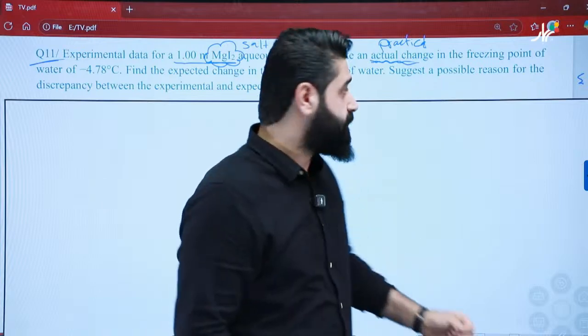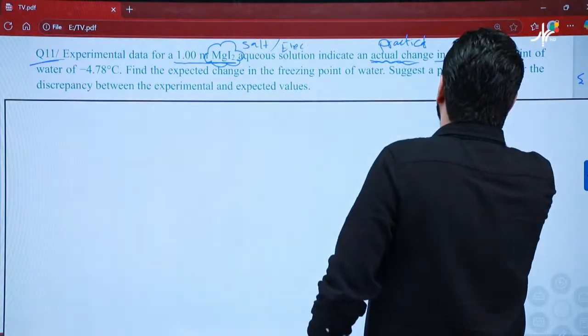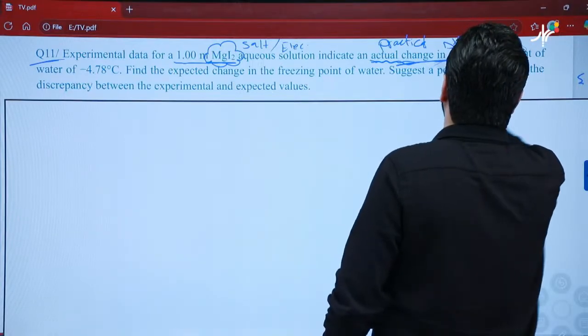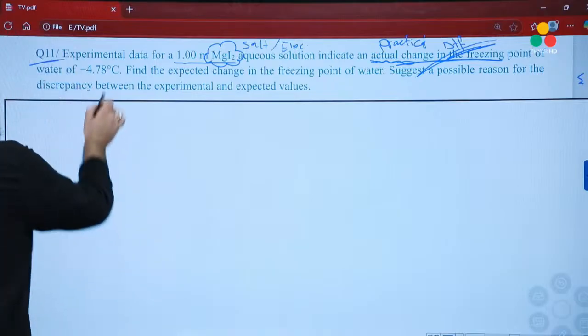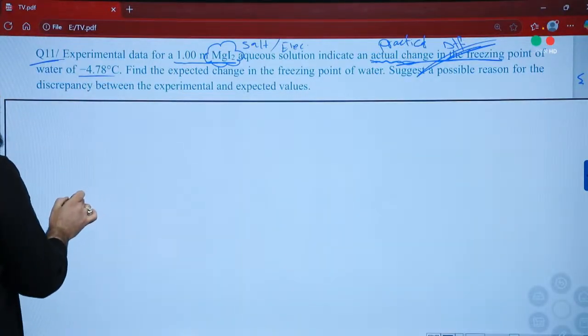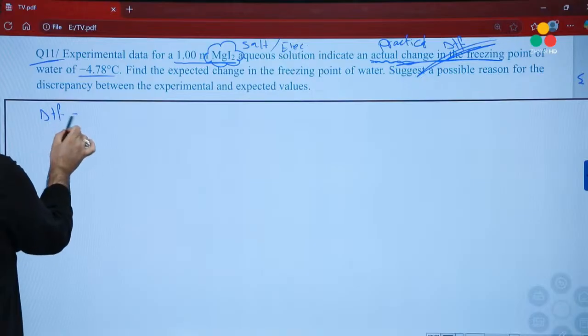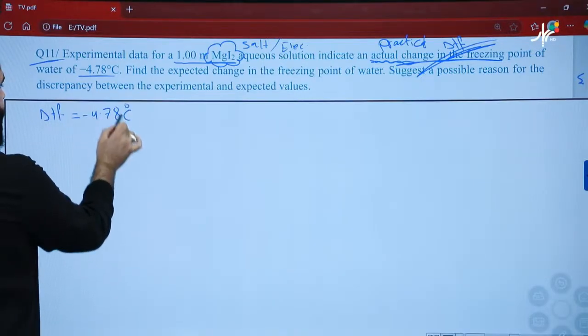The change in freezing point means delta TF, but this delta TF is a practical one, and it is equal to negative 4.78 Celsius degree.